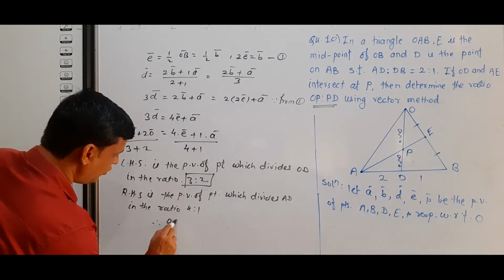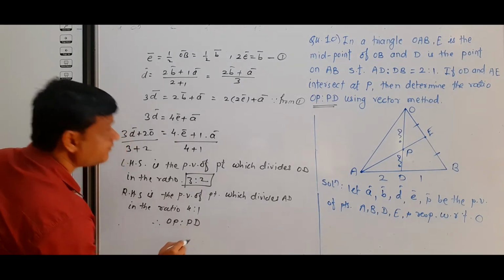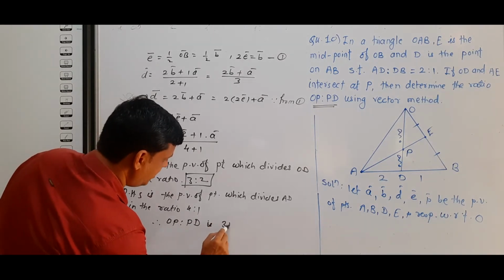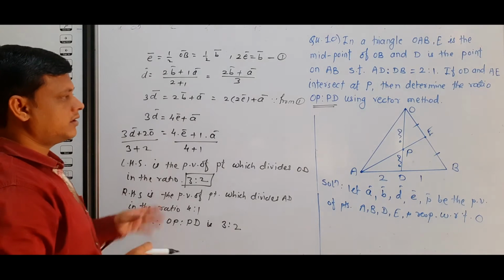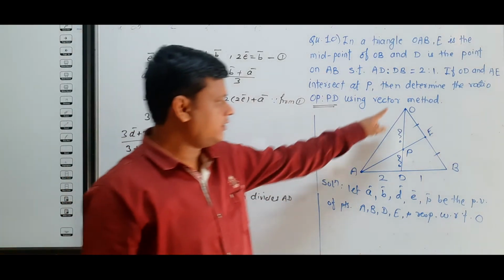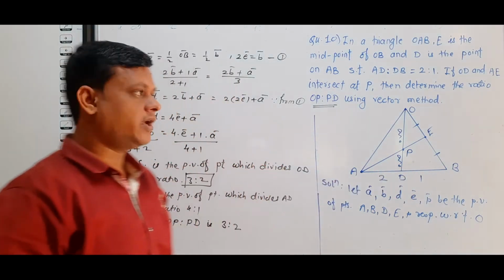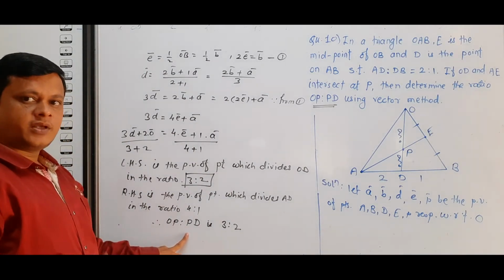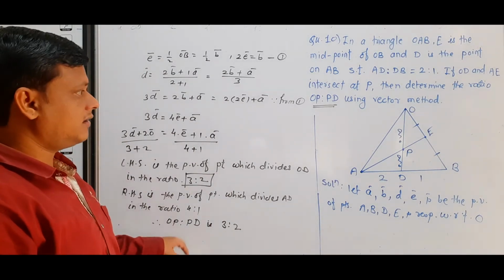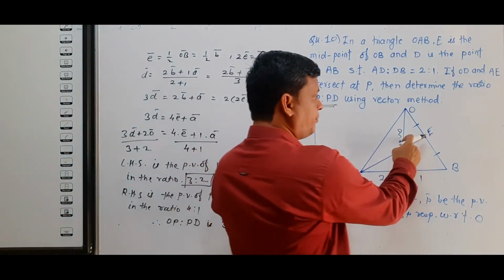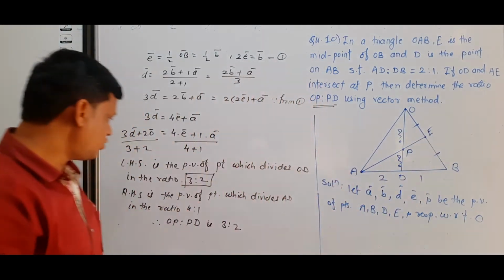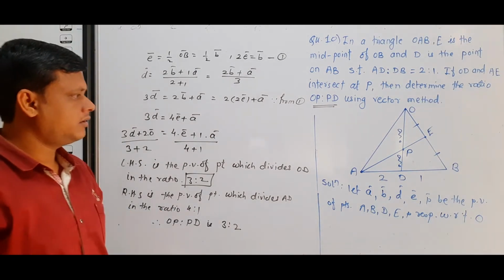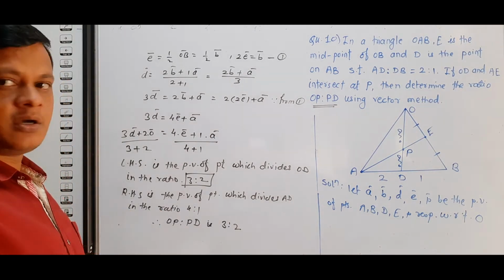Therefore OP is to PD is 3:2, since that point P lies on OD. So in this way we can find the ratio OP is to PD. If we ask the ratio AP is to PE, then we write the ratio as 4:1. So in this way we solve the question number 10.